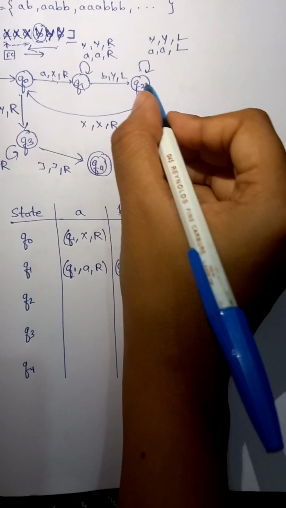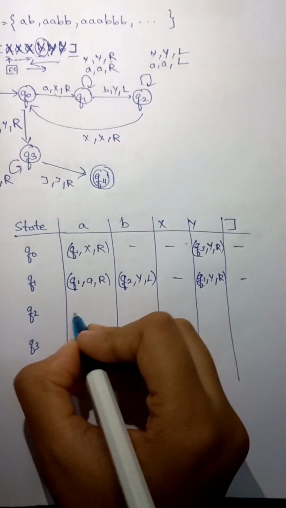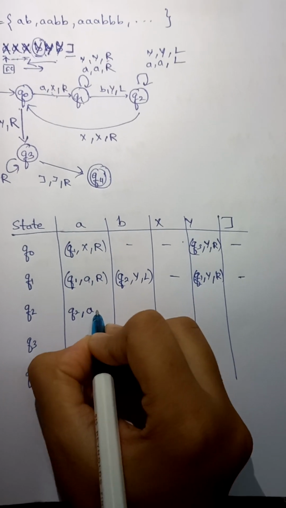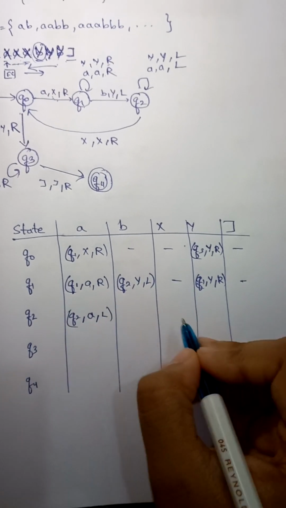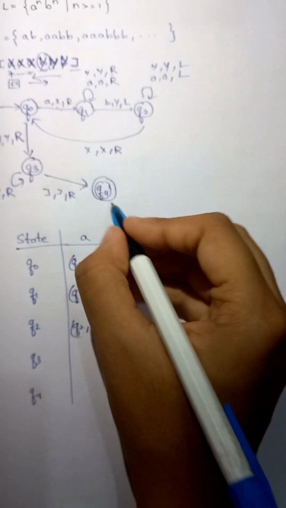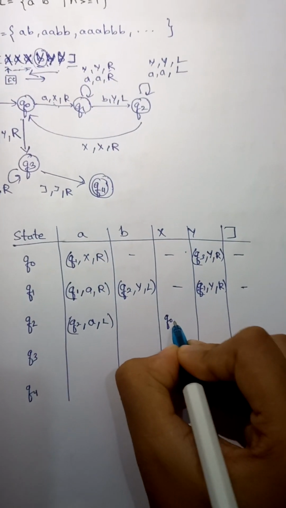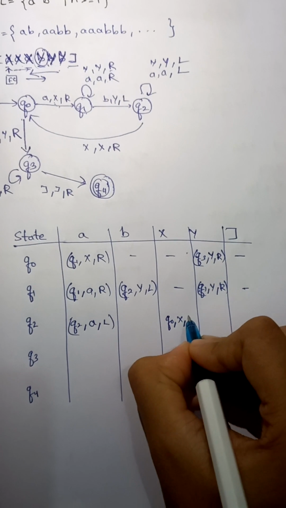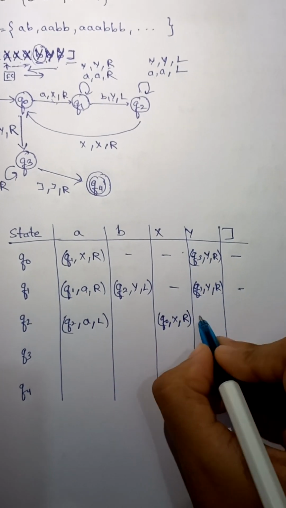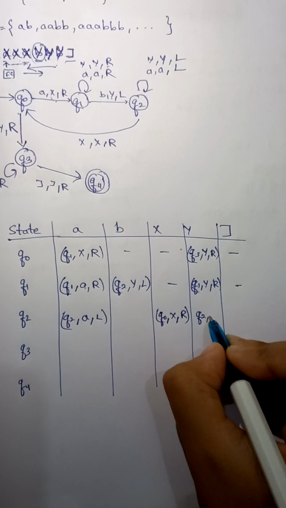For state Q2, the inputs are first A, it goes to Q2 itself and it doesn't change, remains as it is and moves towards left. And input X, it goes to state Q0, there's no change, the finite controller moves towards right. And when the input is Y, there's a self loop, Q2, Y and left.